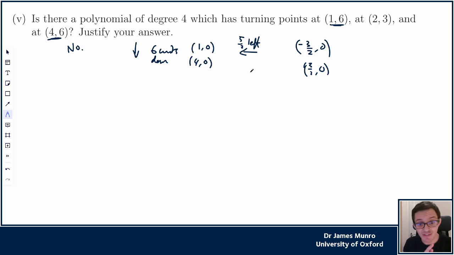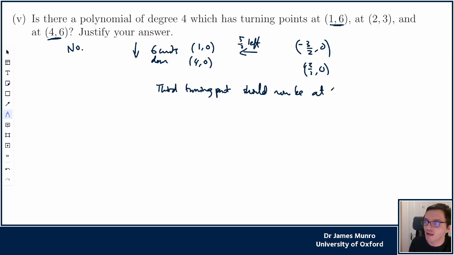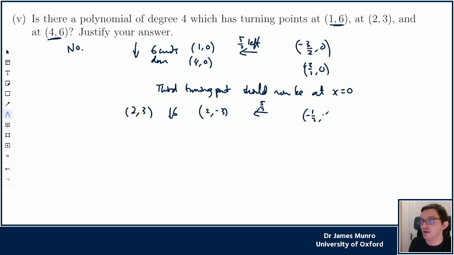Okay, if I do that, then the third turning point should now be at x equals 0, but it's not. I haven't been tracking it just now, but 2, 3, you go down by 6 units, gets you to 2, minus 3, and then if you go left by 5 over 2 units, gets you to negative 1/2, negative 3, which is not at x equals 0.